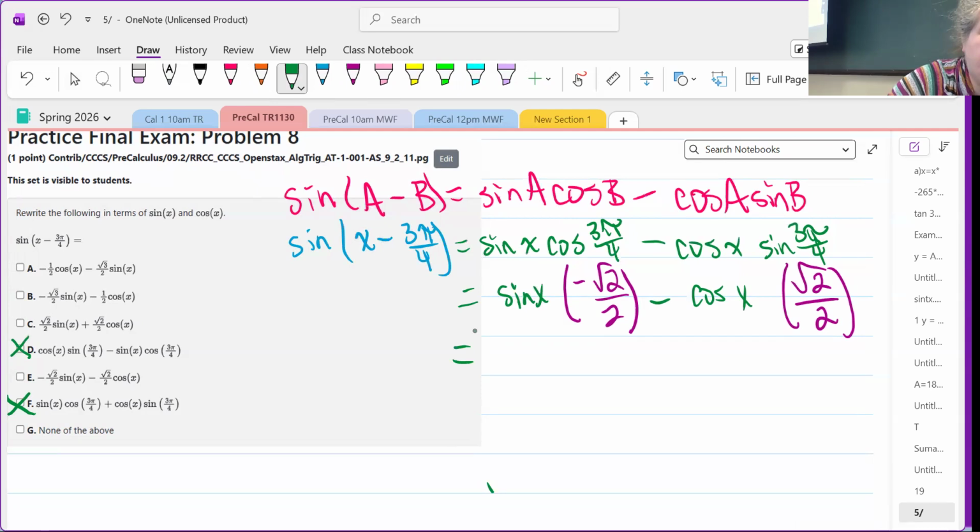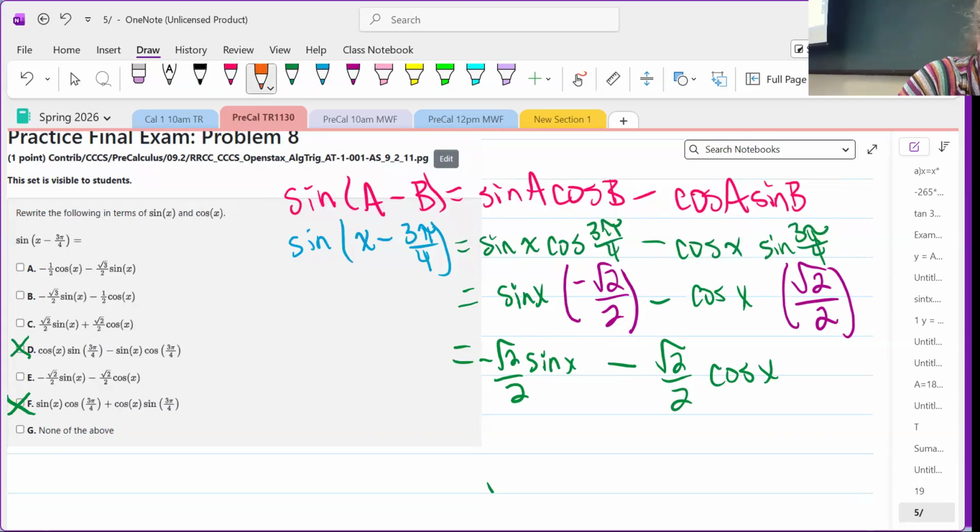Now, just to clean it up a little so it pattern matches, that negative, I can pull that out front. So it's negative sine x. And then I can write the square root of 2 over 2 in front as well. So negative square root of 2 over 2 sine x minus square root of 2 over 2 cosine x. All right, so it's definitely not A and B. Those are the wrong numbers.